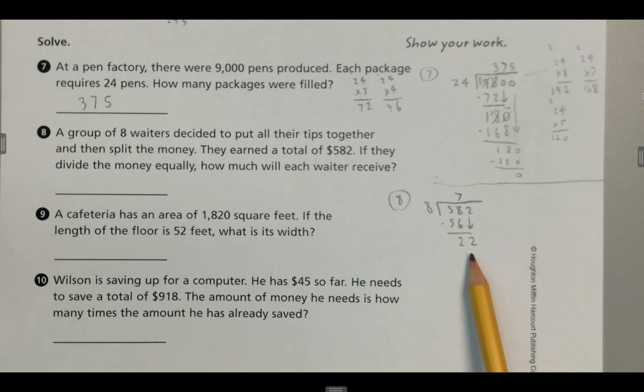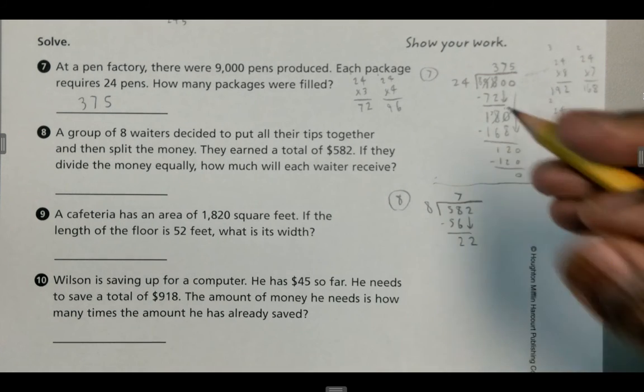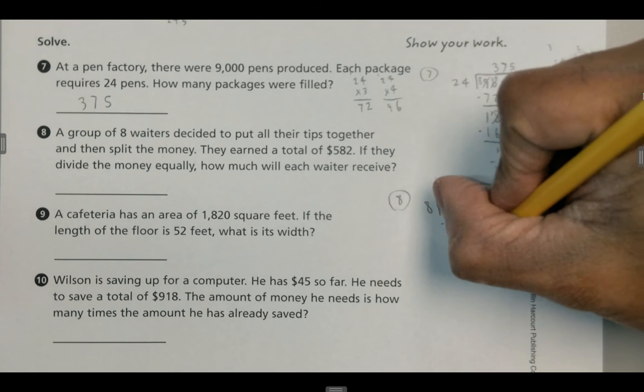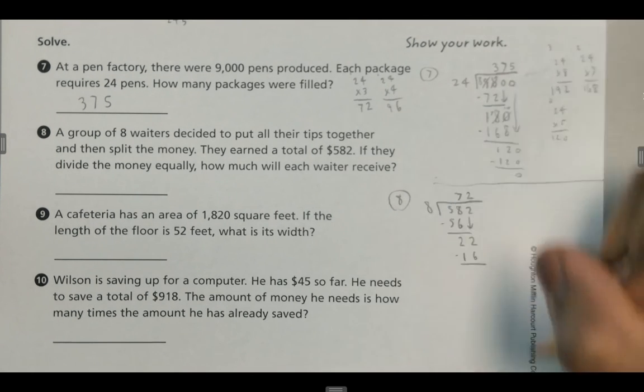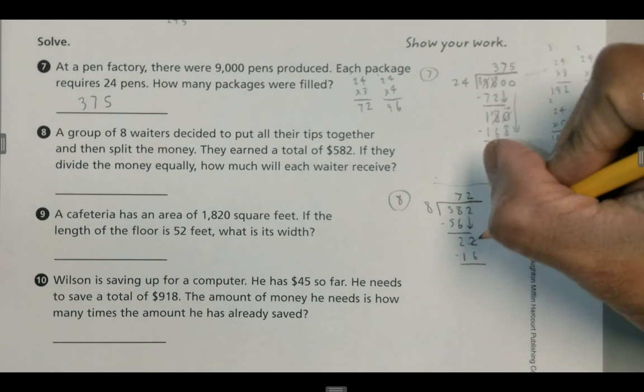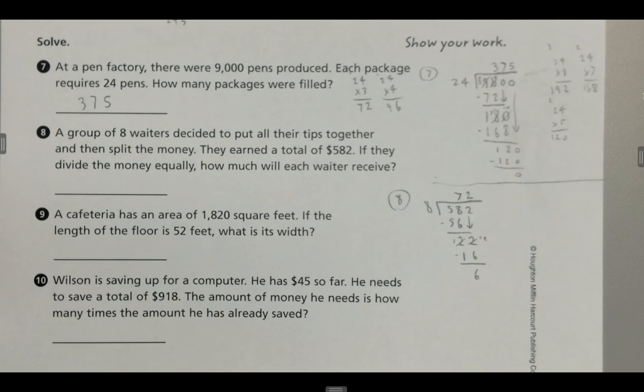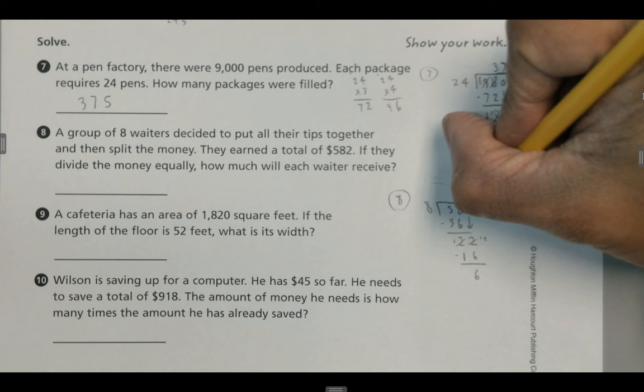Find how many times 8 goes into 22. 2 times. 8 times 2 is 16. Subtract. 2 needs to borrow. 6. So at this moment, I'm going to show you a couple ways that we could handle this.